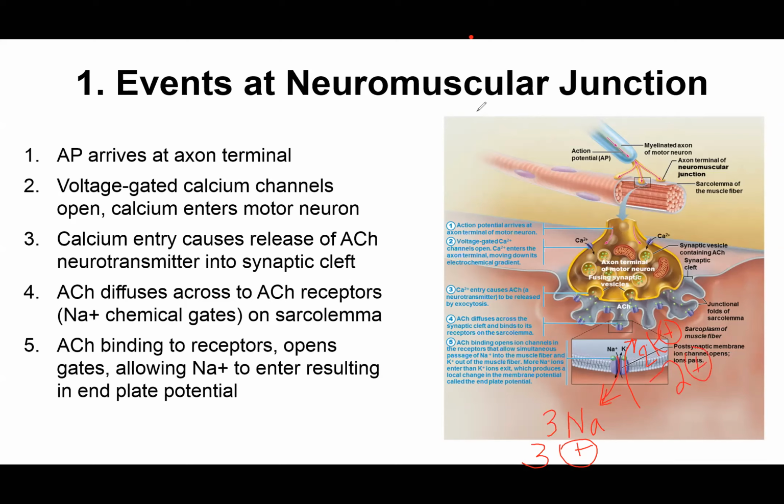Therefore, we're left with now the inside having a +1 charge. Okay, so hopefully you understand how that works. If more positive comes in than is leaving, then that's going to lead to the accumulation of positive charges inside, right? And this is then resulting in what we call an end-plate potential.